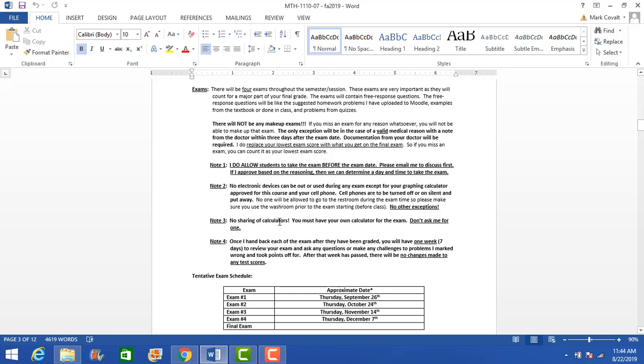Okay, so change your batteries. If you have a used calculator, or if you're borrowing a calculator, change the batteries. Okay, if you have a calculator and it's older and you've been using it a while, probably change the batteries. Okay, if it's a new calculator, then chances are you're fine. The batteries last a long time.